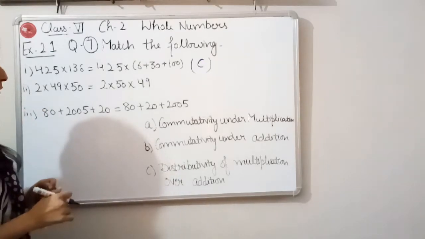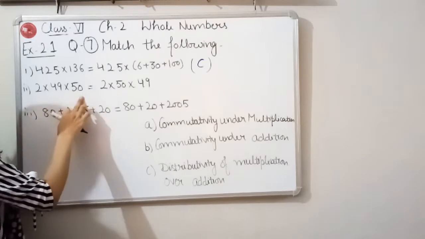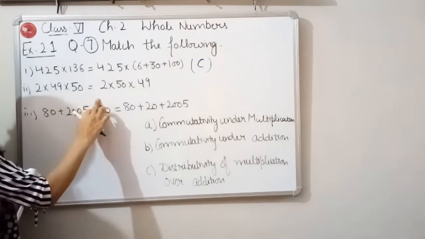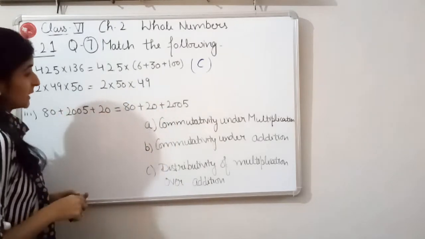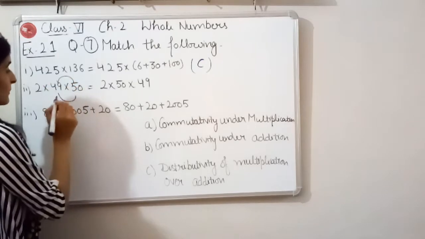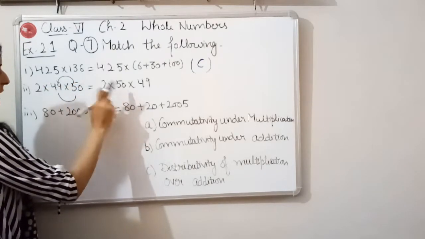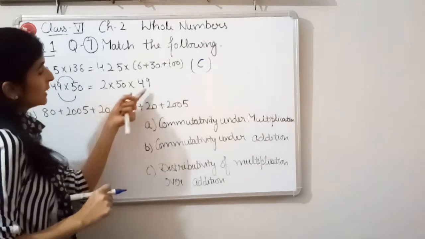Now let's come to second part. Second is 2 multiplied by 49 multiplied by 50 is equal to 2 multiplied by 50 multiplied by 49. So children, here we have interchanged the places. In place of 50 we have written 49, and in place of 49 we have written 50 here.